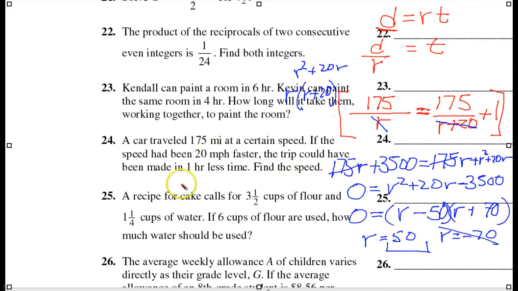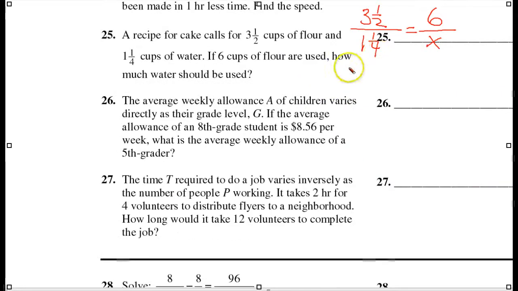Okay, let's go on to number 25. For this one, we're setting up a proportion: 3½ cups of flour, so this is flour to water, 1¼ cups of water. Now, how many cups of water if we have 6 cups of flour? So there's our proportion, and we have to fiddle with it.